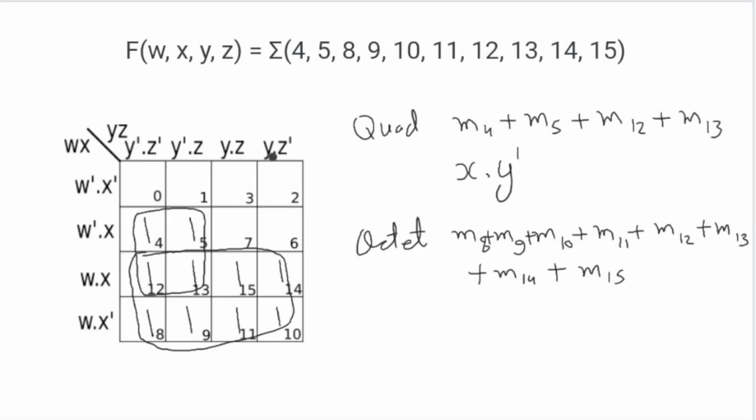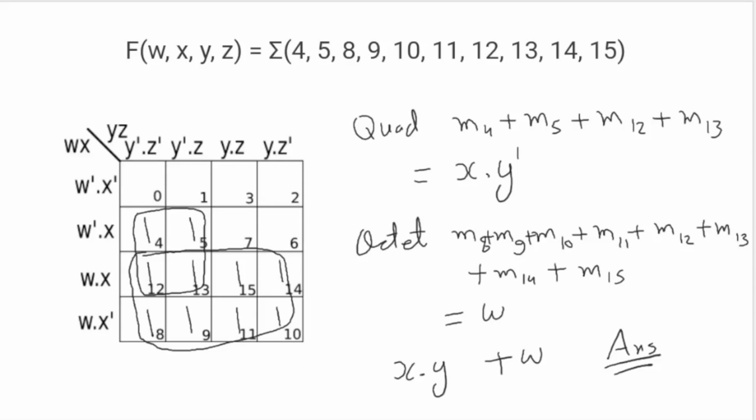Now on the horizontal axis, all the variables are changing their state, but on the vertical axis only X is changing the state. So X will be dropped, all the variables on the top will be dropped, and only W will be retained. So this will be W. So the final answer over here is X dot Y plus W.